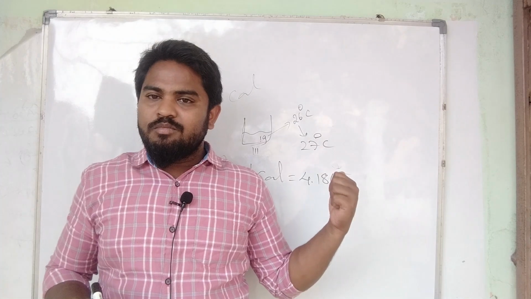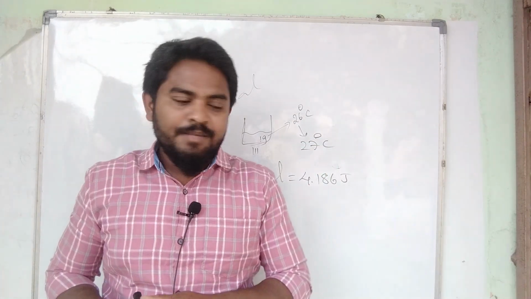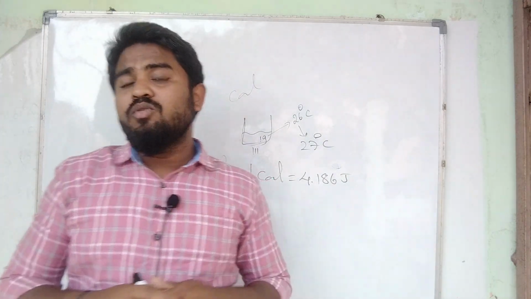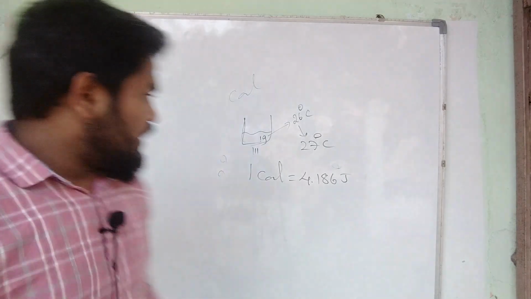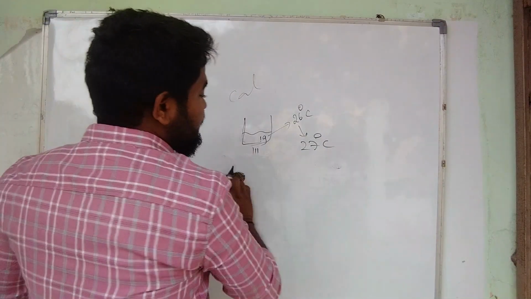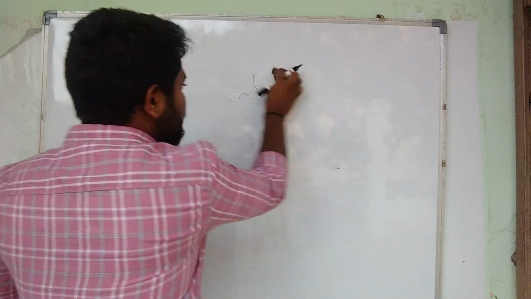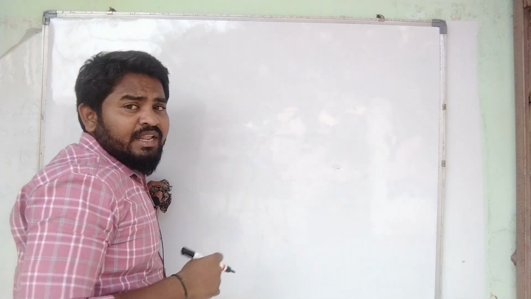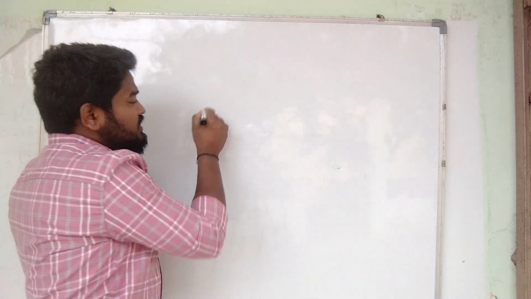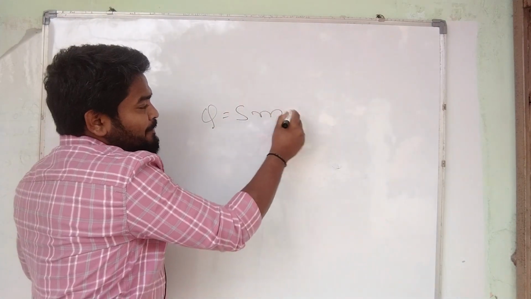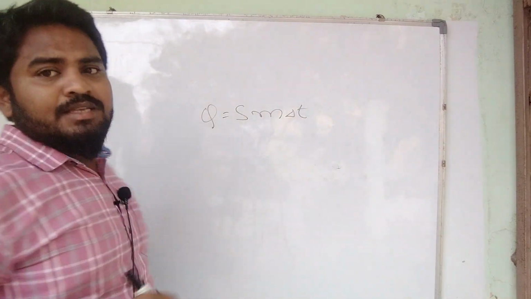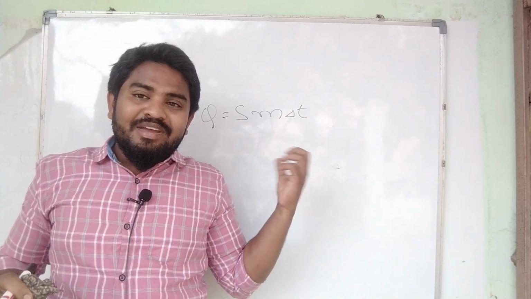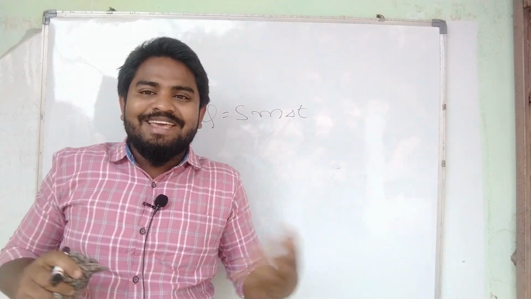So these are basic problems which they may ask on this content, right? Coming to the next formula, a well known formula, you know very well, right? I can derive the equation, but you might already know this. If you want me to, just comment below, I'll derive that, right? So the next equation is Q equals s m delta T. This is the formula we use when a substance loses or gains energy.